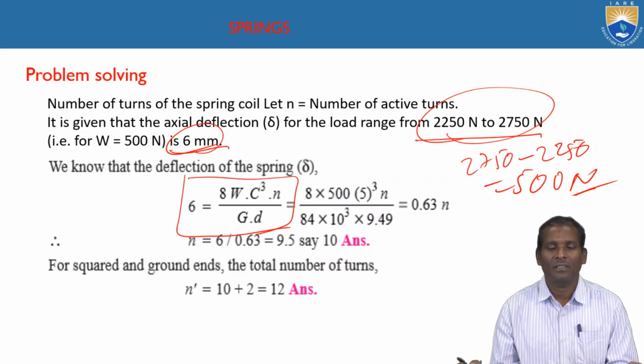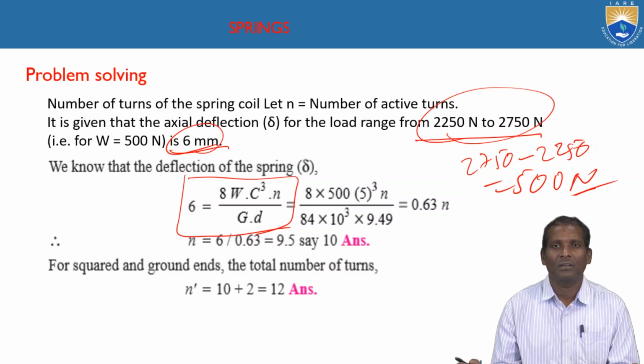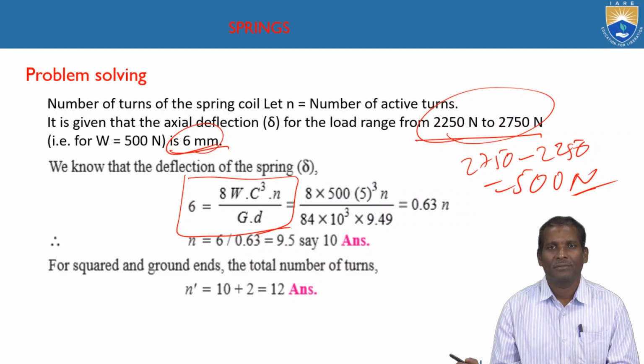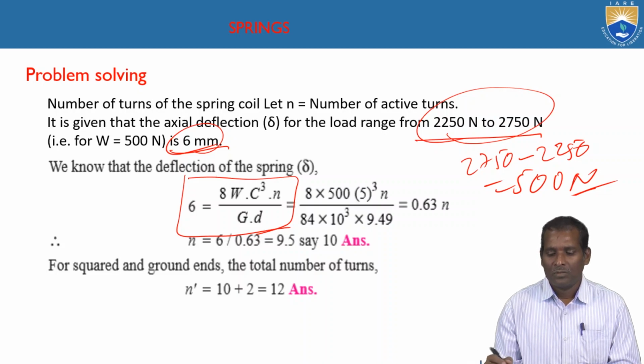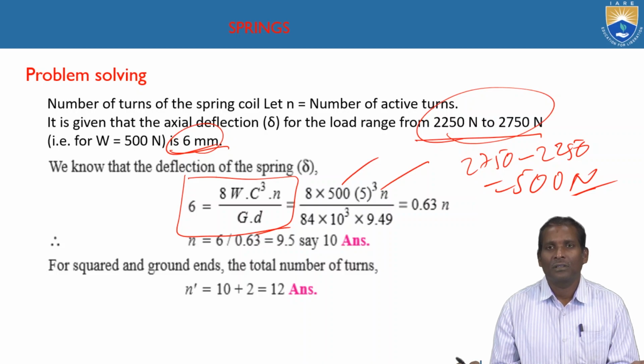If not given in the problem, you may assume any one type of end condition. Generally coil helical springs are square and ground ends. Here W is substituted as 500, so don't take the maximum value in this deflection. You only need to substitute the range of load. So the difference, and C cube into n by 84 into 10 cube into small d.